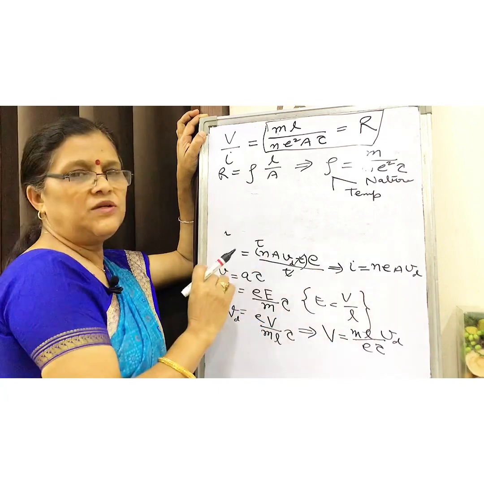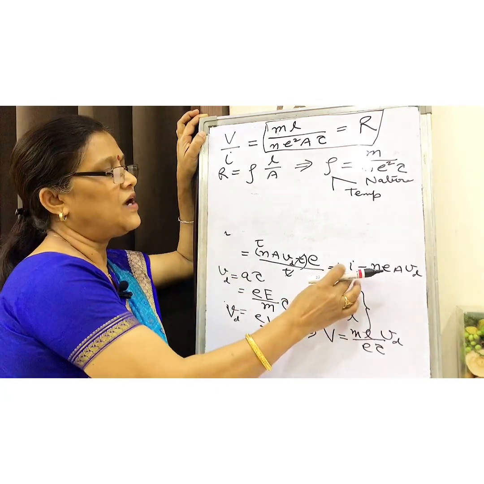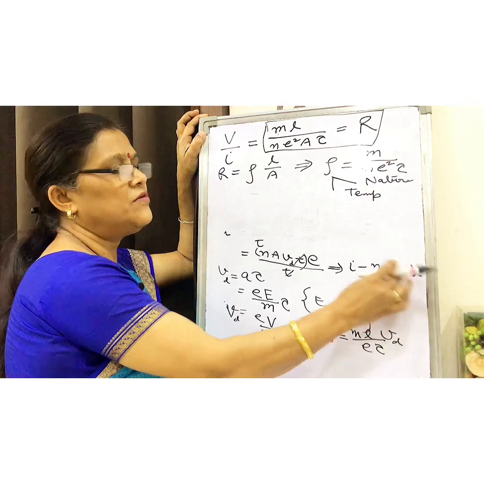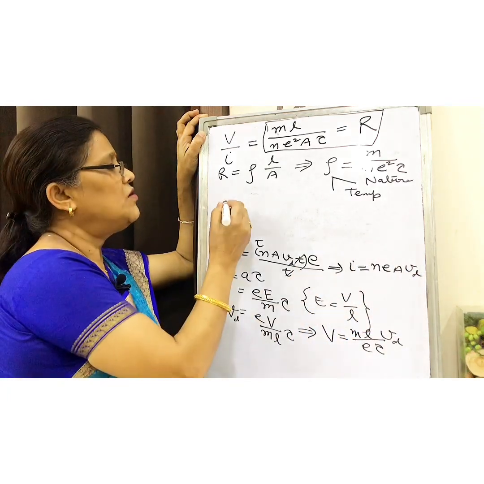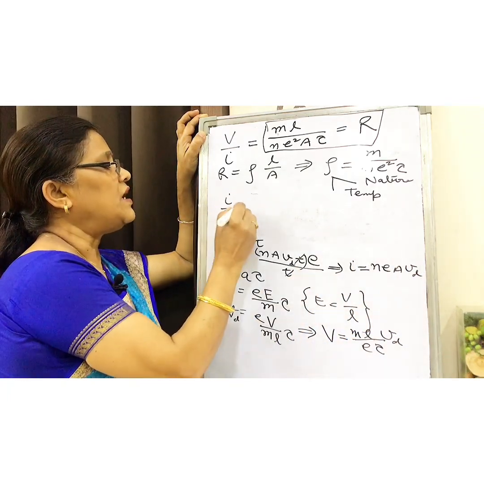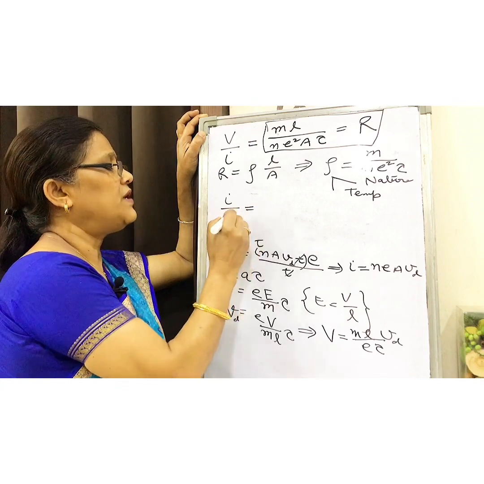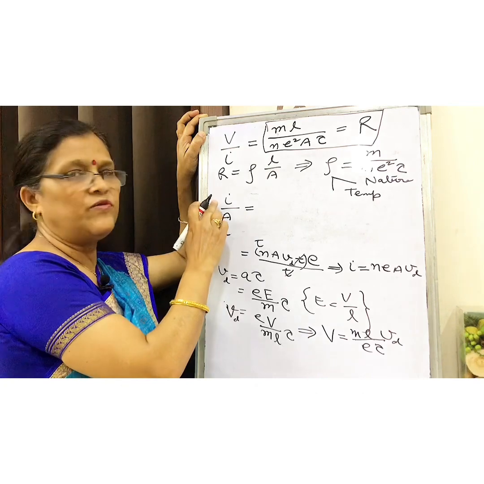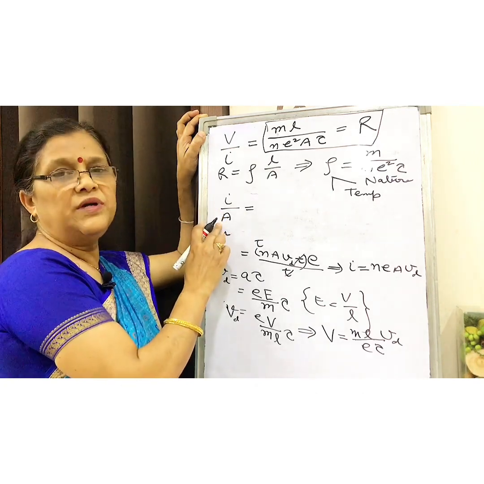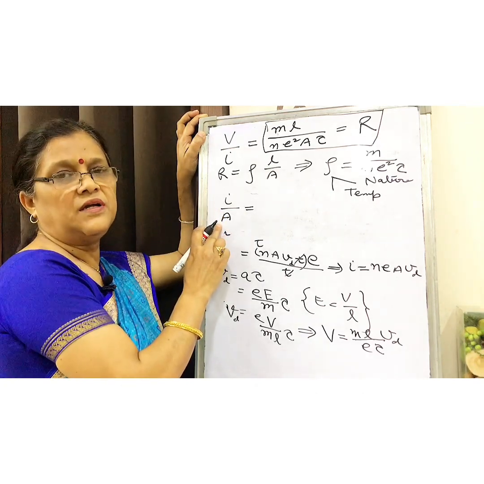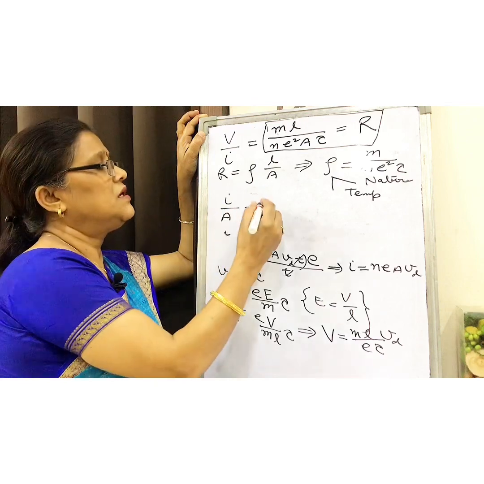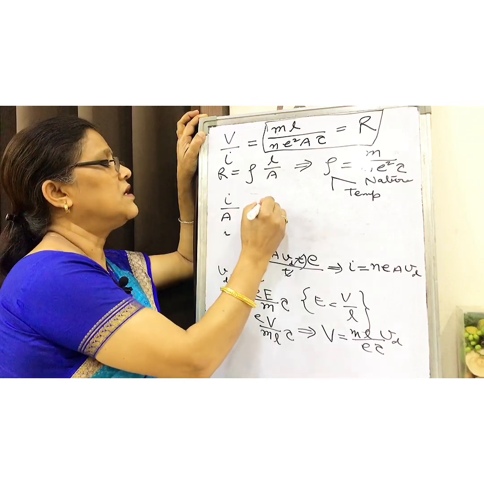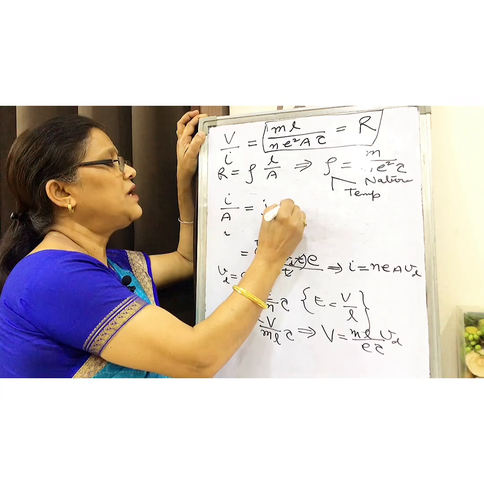One more expression we can find here, that if I equals n e A vd, then what can you write for I upon A? What is I upon A? This is current density J, that is current flowing through unit area perpendicular to it in a conductor. So, what can you write for J?